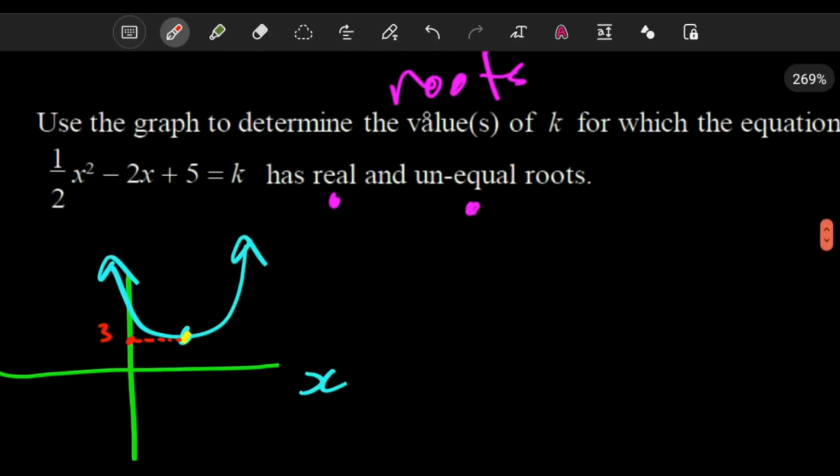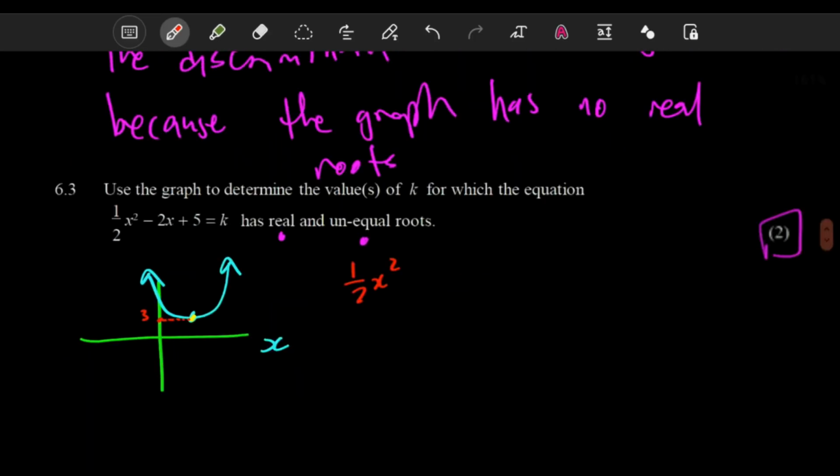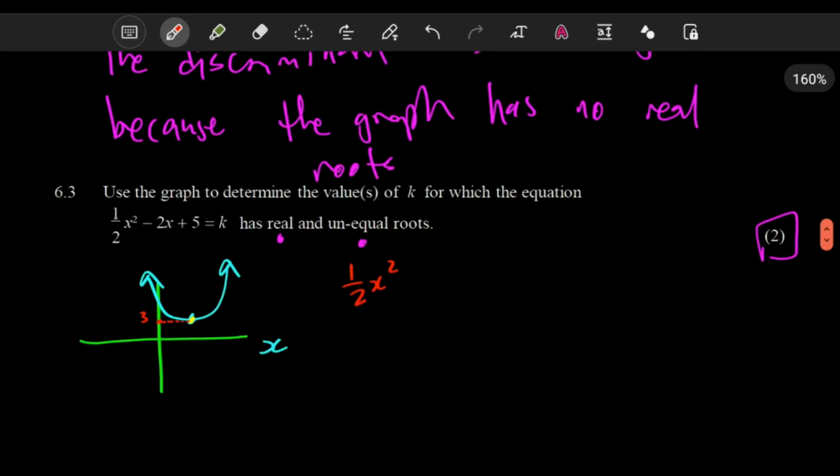So this expression here, if you take k to the other side, you're going to have half x squared minus 2x plus 5. If you take k to the other side, you're going to have minus k.